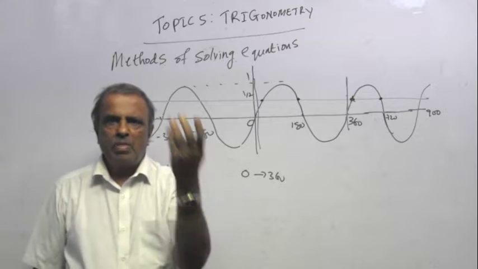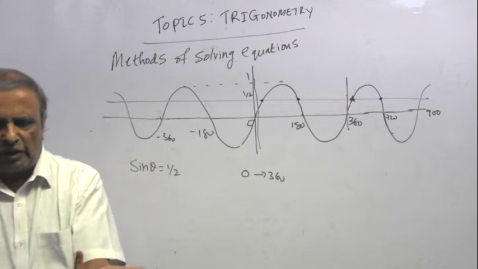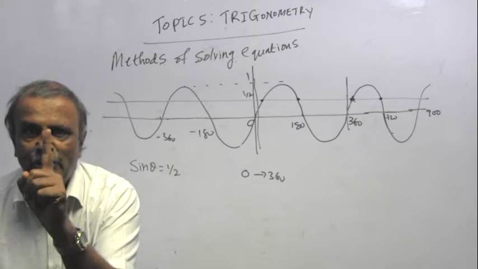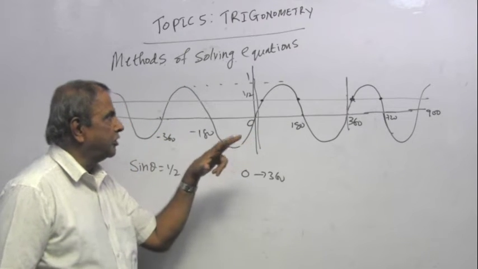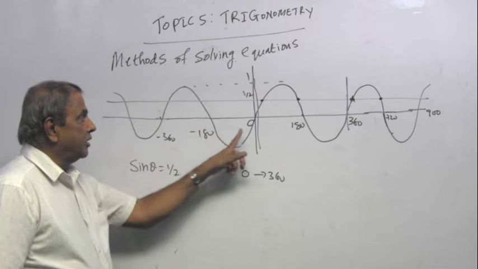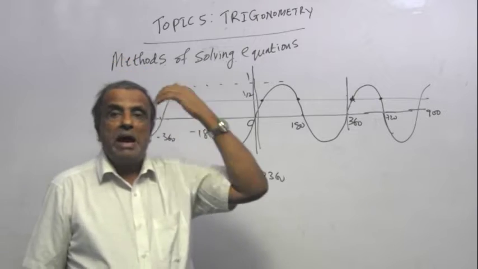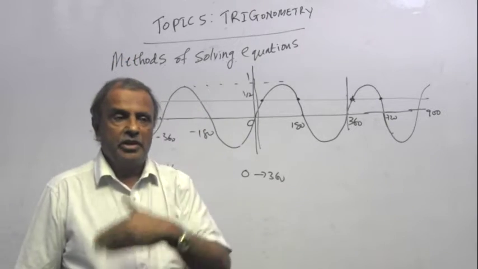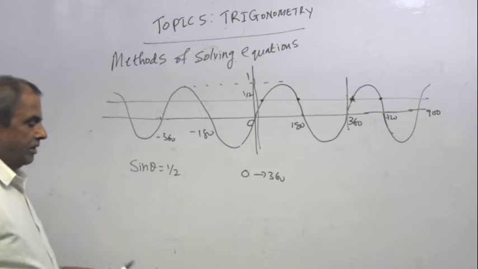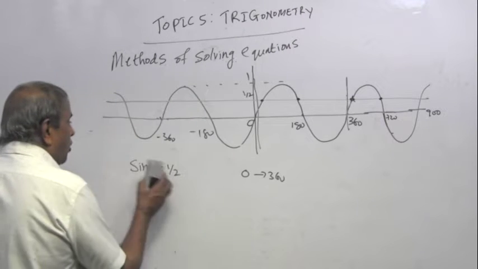If you have 2 theta, there will be 4 solutions. If you have 3 theta, there will be 6 solutions. If you have half theta, there will be only 1 solution. So the number of solutions will generally be double the angle. Similarly, between minus 180 and 180, again, maximum of 2 solutions, maximum of 4 solutions. You don't have to remember that if you don't want to, but let's see how we do it.